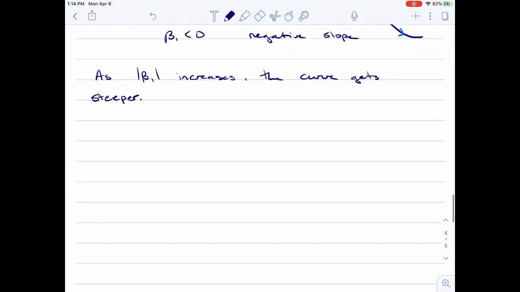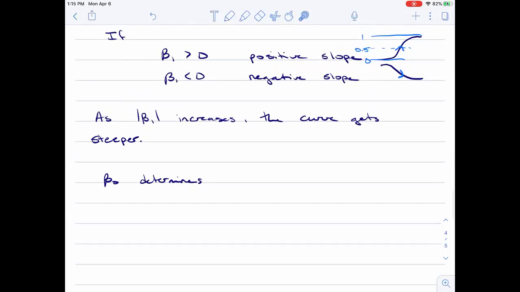The intercept, for our regression here, just like it did for the intercept of our straight line, is going to determine the right to left position of the curve.